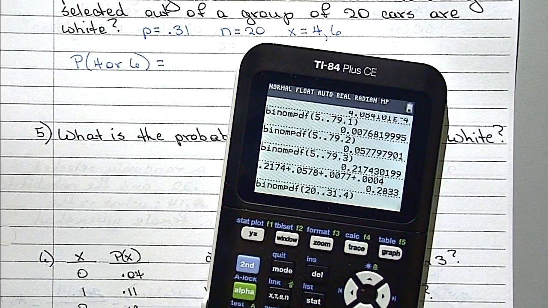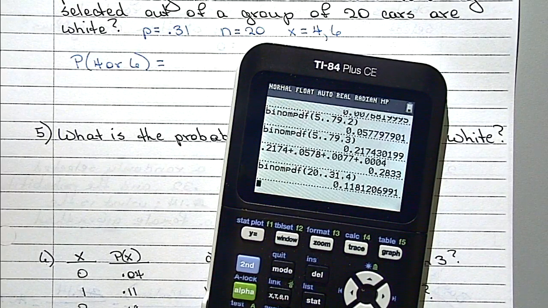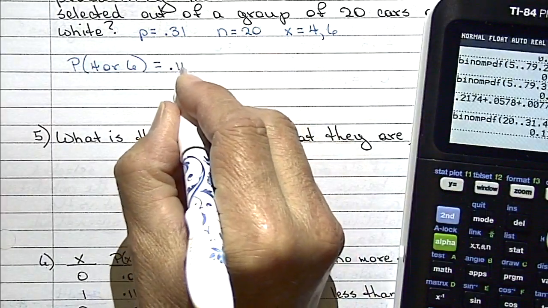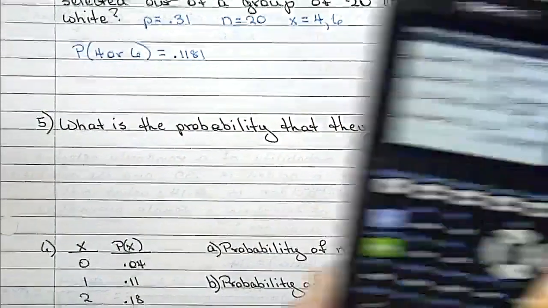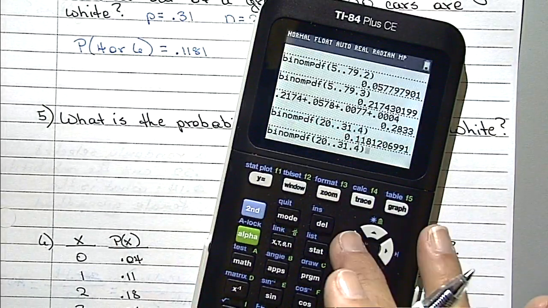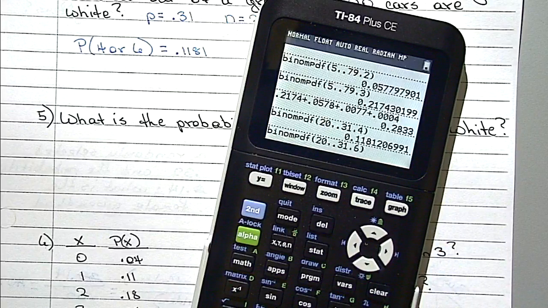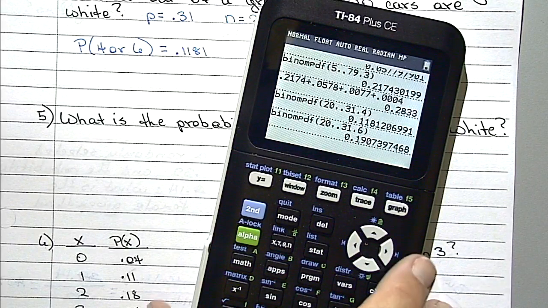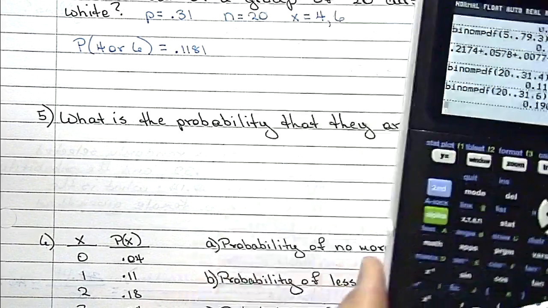So when I hit enter on that one, I get 0.1181. Okay, so 4 is 0.1181. And I'm going to go back up here, highlight that one, and change it to 6. That's the only thing that really changes, isn't it? And it is 0.1907.